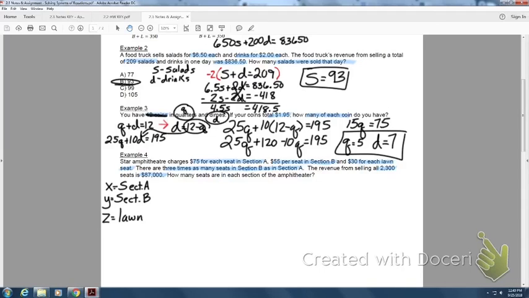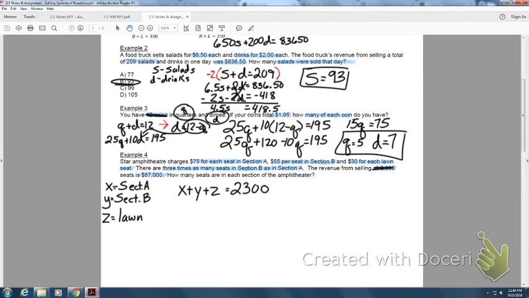So x plus y plus z, because that's what we're using those variables for, Section A and Section B, and then the z for the lawn seats, equals 2,300. Okay, that is the number of seats. So if I had somebody walk through the whole amphitheater and just count the seats, 1, 2, 3, it's going to add up to 2,300. So I've used really just that information.